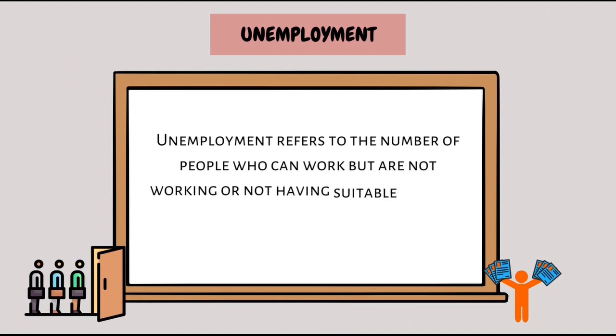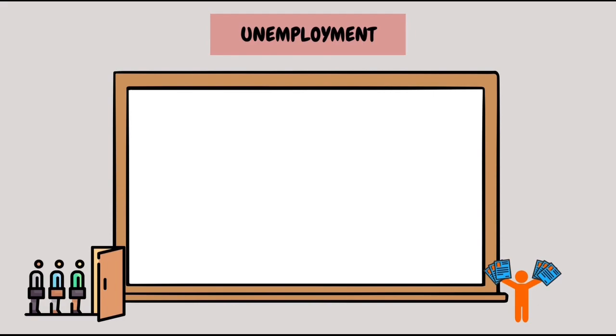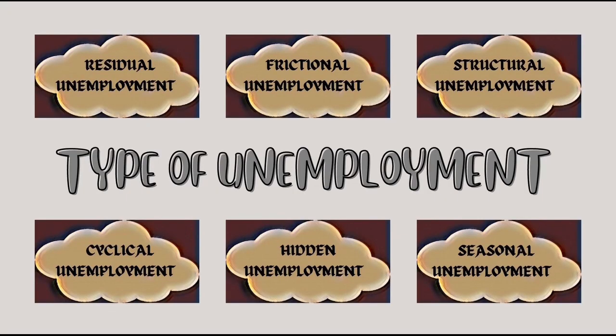Unemployment. Unemployment refers to the number of people who can work but are not working or not having suitable jobs and looking for other jobs. There are 6 types of unemployment, which are frictional unemployment, cyclical unemployment, structural unemployment, technological unemployment, seasonal unemployment, and hidden unemployment.